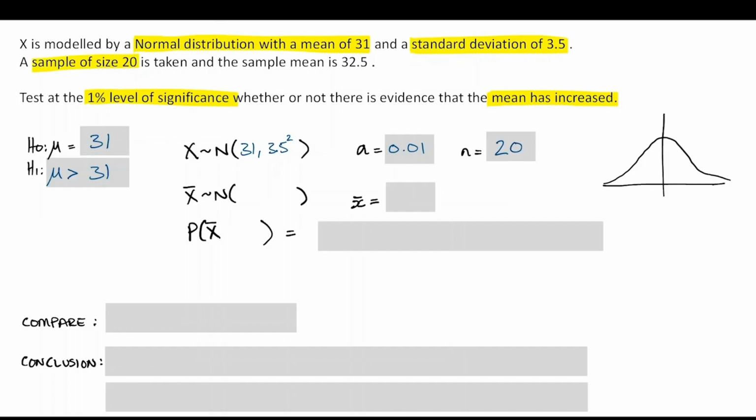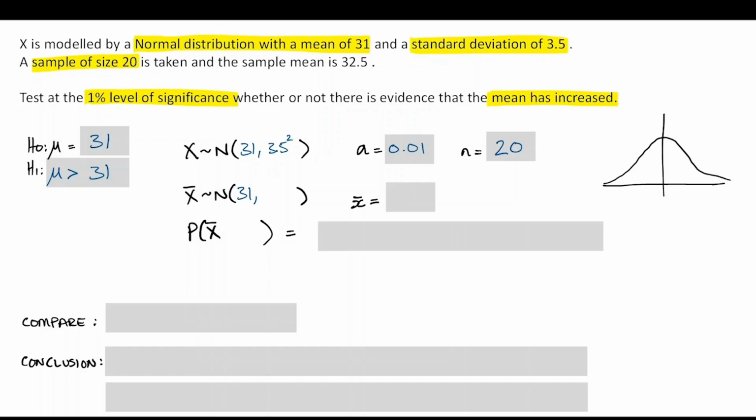I'm summarizing these so I can actually write the x bar distribution. That's the distribution of the sample means. This is the distribution that we'll be working with for this question. Now, as I said earlier, the 31, the population mean, appears in lots of places in this question. 4 places in total: the null hypothesis, the alternate hypothesis, the x distribution, and the x bar distribution. Here's another 31.